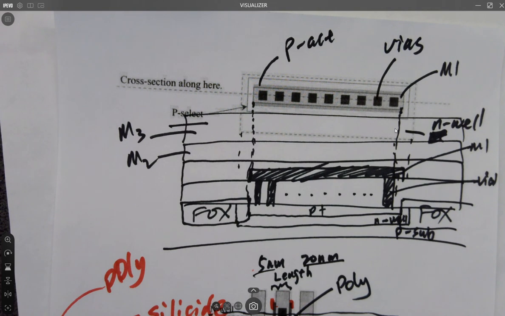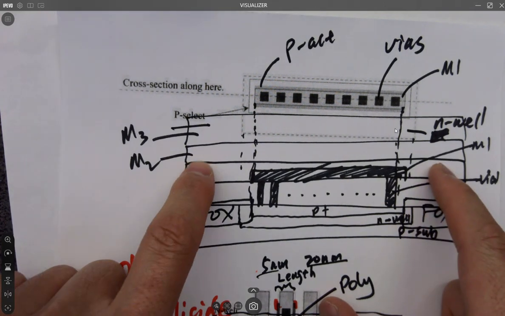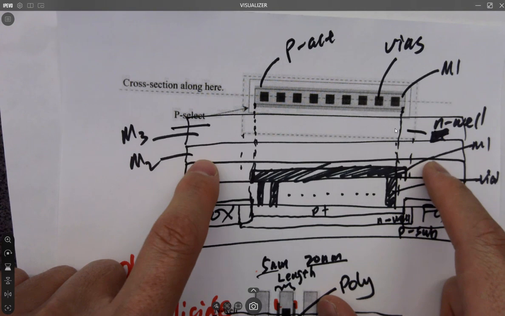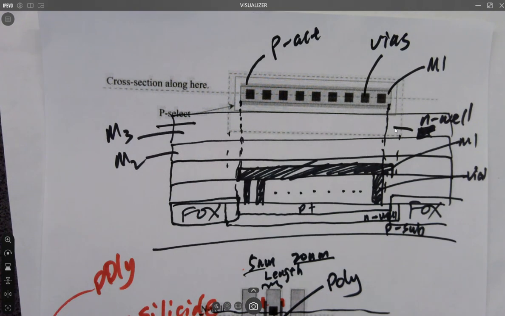Wherever you have the vias and the metal layer, around it is always silicon dioxide. What happens to the metal that doesn't have vias? Are they just sitting on top?